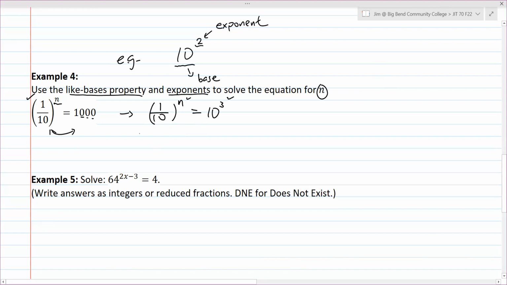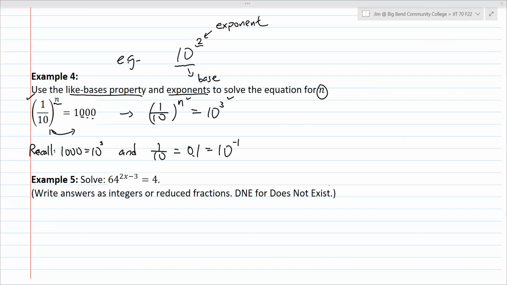But if you recall the scientific notation, you can also realize that 1/10 equals what? That equals 0.1, which is also 10 to the -1, right?